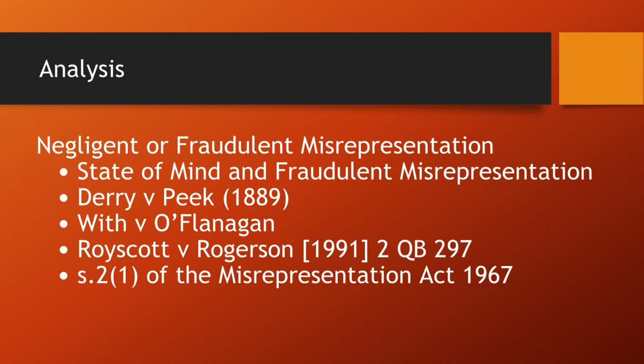Boris could be liable under this section because he made the assurance about the carpet without checking it carefully beforehand. So Boris' statement that the carpet had never been repaired, made without thoroughly inspecting it, could be considered negligent. He failed to take reasonable care in verifying the accuracy of the statement, making him liable under Section 2(1).